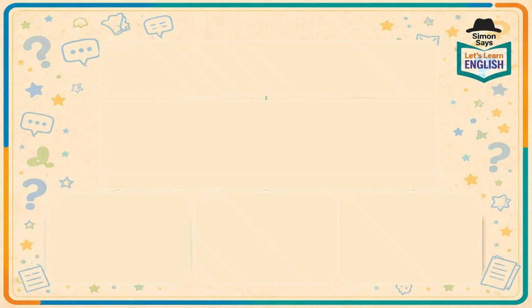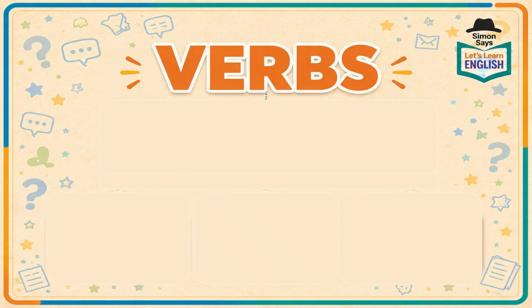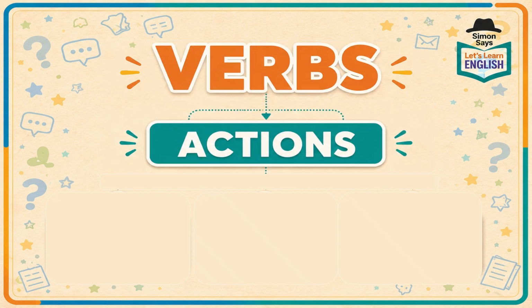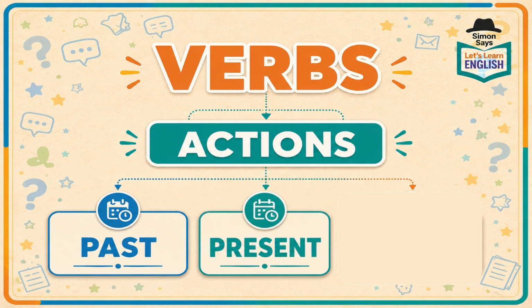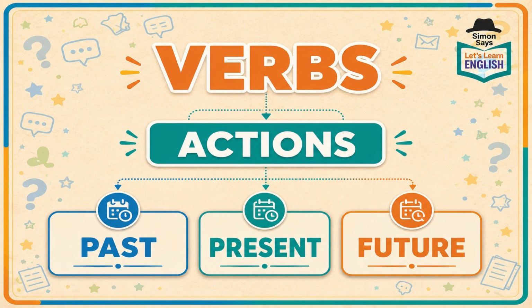So now we know that verbs are actions that can talk about things that happened in the past or things that are happening now in the present or things that will happen in the future.